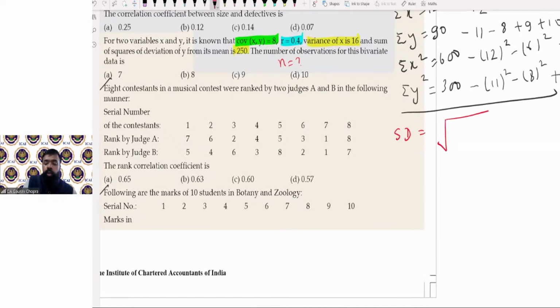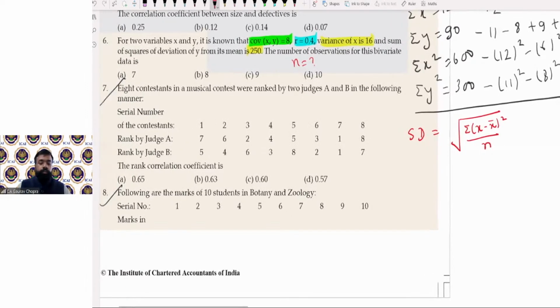We have done that: root of sigma (x minus x bar) whole square upon n. Now variance of x is 16, so what is the standard deviation? 4. Then sum of square of deviation taken from mean is sigma (x minus x bar) whole square divided by n.